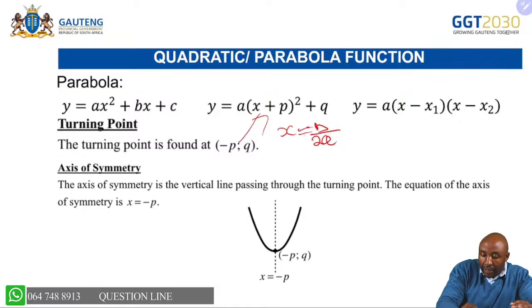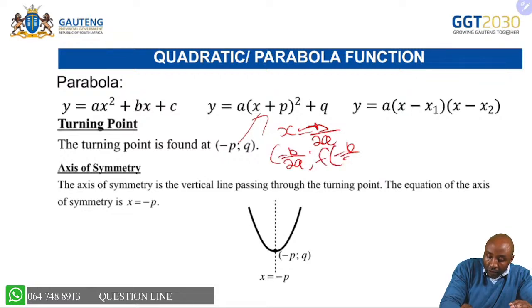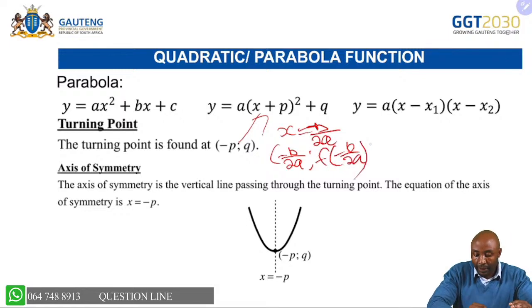We get the X value at the turning point, which is also the equation of the axis of symmetry. And then from there, to get the coordinates of the turning point, it will be negative B over 2A and F of negative B over 2A, something like that.